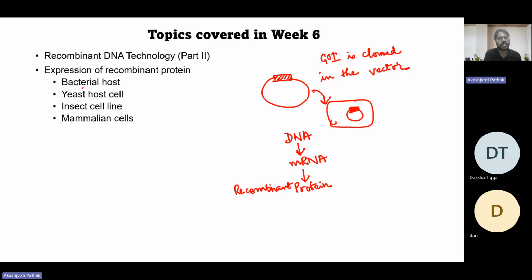These are the bacterial host cell, the yeast host cell, the insect cell line, or mammalian cells. Depending on which host you have transformed your cloned gene of interest in, there are different ways of expressing the protein from that gene of interest. So we will see one by one today how we can express the protein in these different host cells.